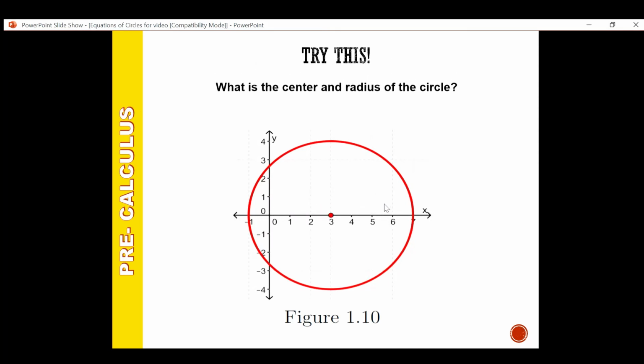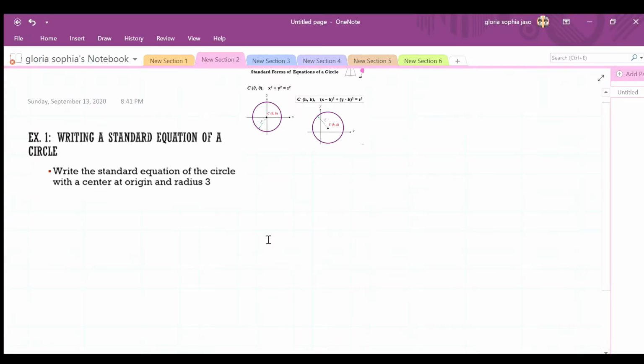So, center is at 3, 0. At ang radius natin is 1, 2, 3, 4. So, radius is 4. So, since alam na natin paano mag-identify ng center and radius natin, pwede na tayo ngayong mag-write ng equation at mag-graph.